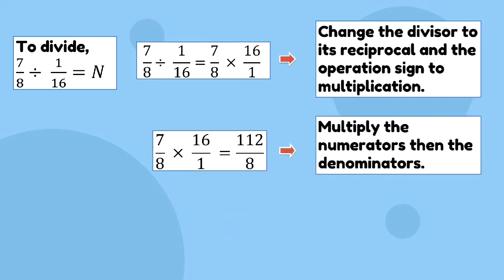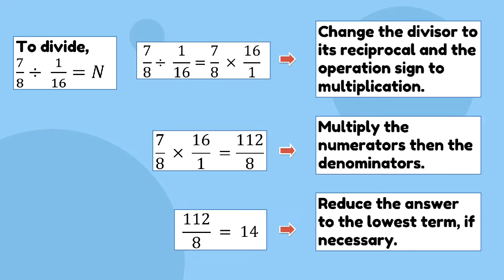Next, we have to multiply the numerators then the denominators. 7 multiplied by 16 is equal to 112. 8 multiplied by 1 is equal to 8. And lastly, reduce the answer to the lowest term. 112/8 can still be reduced to lowest term. So, our final answer is 14.